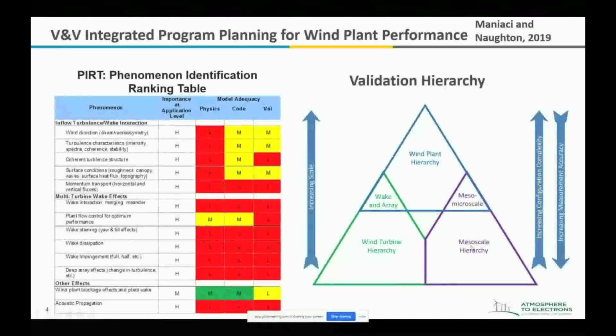And the main idea of the hierarchy is that as you go up in scale and complexity, your ability to measure things decreases. So there's a balance there. And gives the case for why you need simpler experiments and even wind tunnel experiments for validation of computational models.